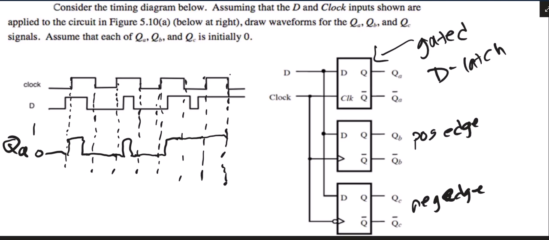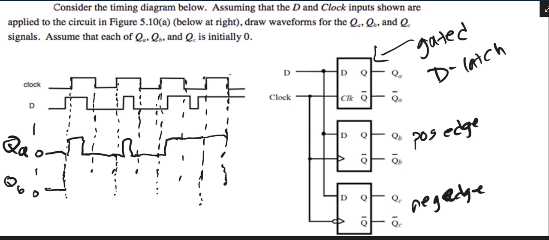Okay, so now we want the positive edge trigger. So I'm going to just extend down the lines for the positive edge of the clock. This is QB, starts at 0. Okay, so now when we get to the positive edge of the clock, you look and see what D is, and D is 1.